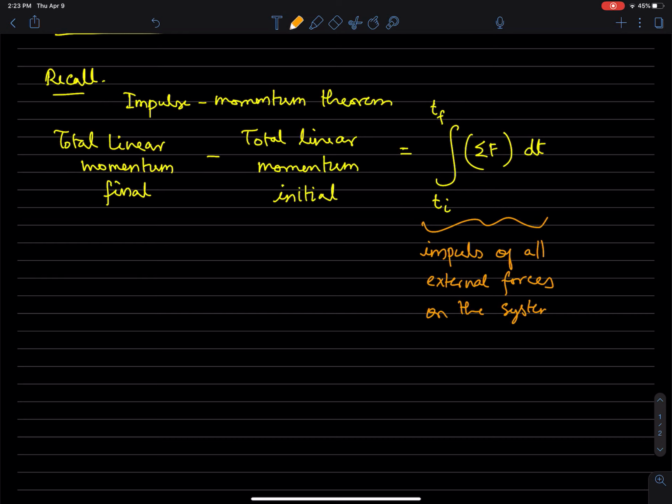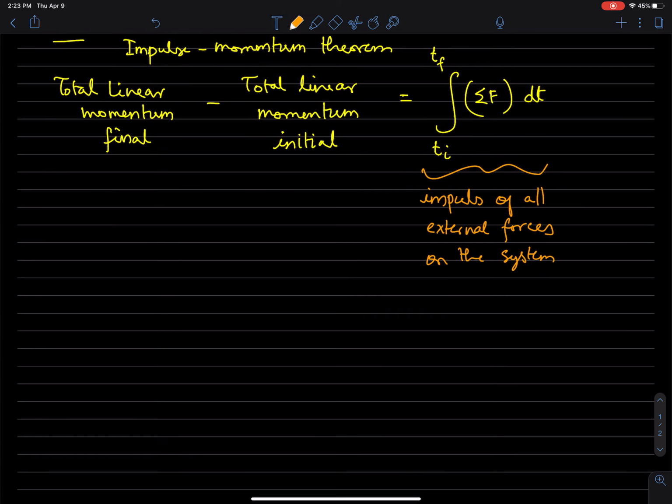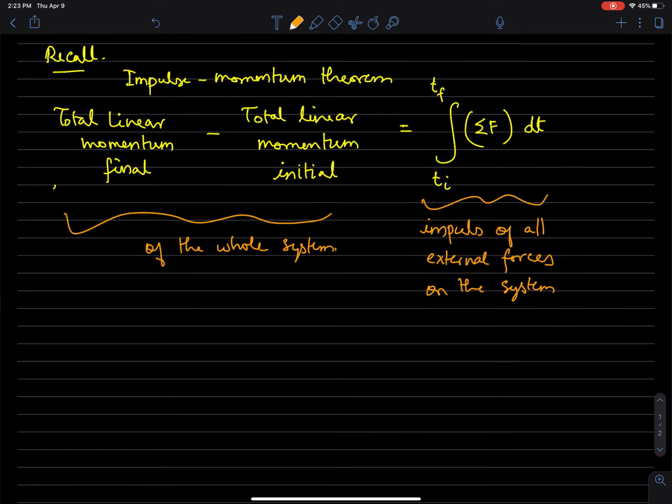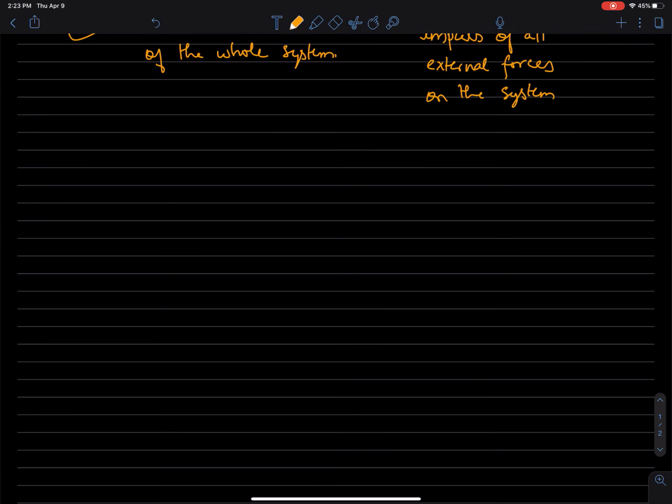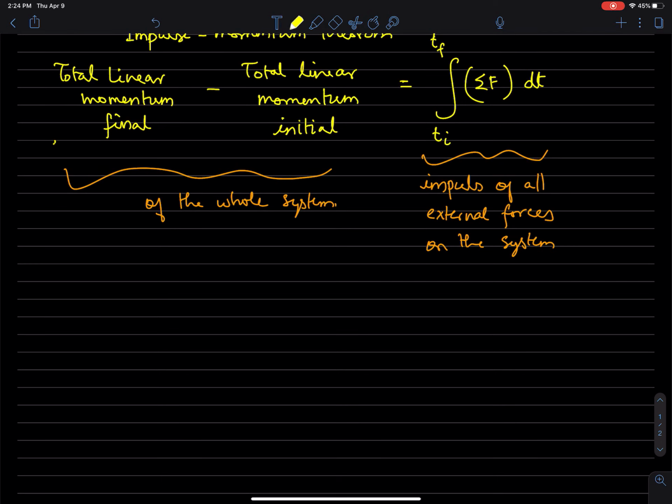And the system could consist of one or more objects. Okay, so that's the so-called impulse momentum theorem.